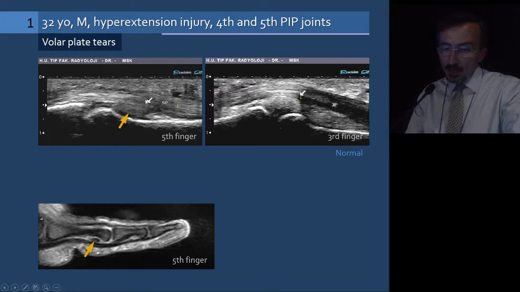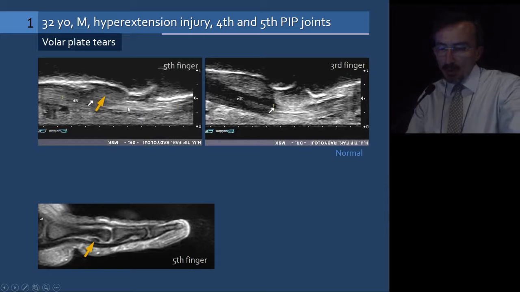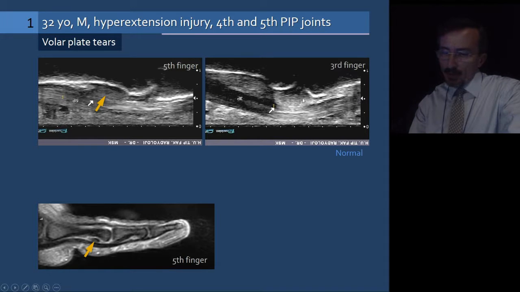And these are the sagittal images. You can see that this is in the normal location here, but this is no more in the normal location, and it has slipped somewhat proximally. And if I just turn the images to match this one here, you can see that it is no longer there in its normal location as on this particular finger here, but it has slipped, actually flipped more proximally.